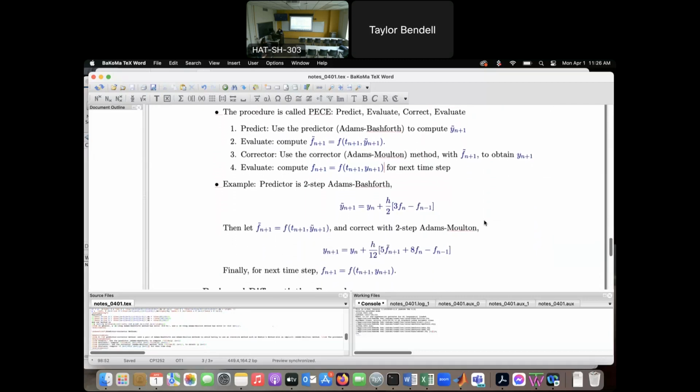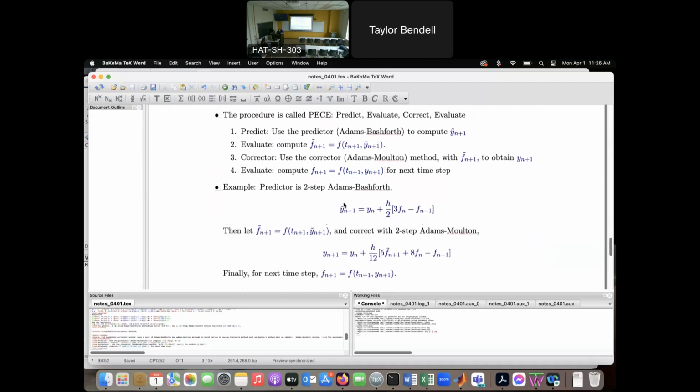So as an example, suppose I want to use a 2-step Adams-Moulton method, but in a predictor-corrector form, so in conjunction with the 2-step Adams-Bashforth. So this is the explicit method. So I have f n, I have f n minus 1 from previous time steps. So I go ahead and work this out. I have my y n plus 1 tilde value. Then I plug it into f.